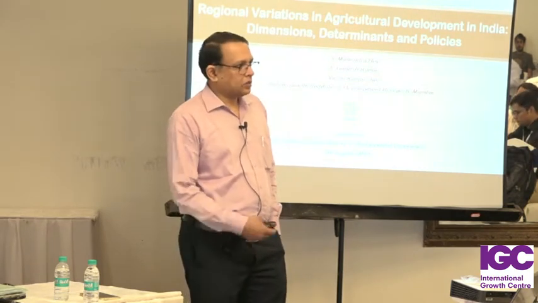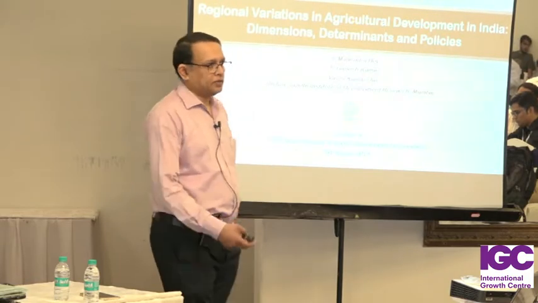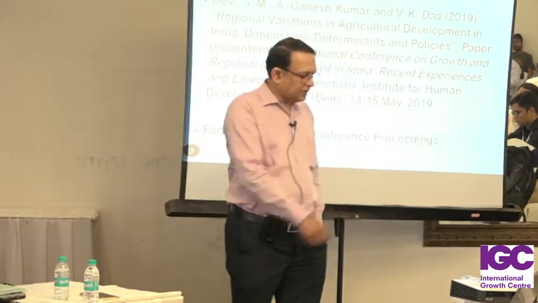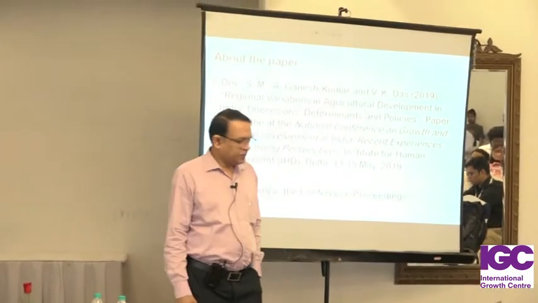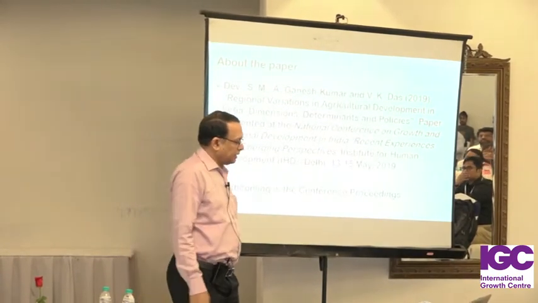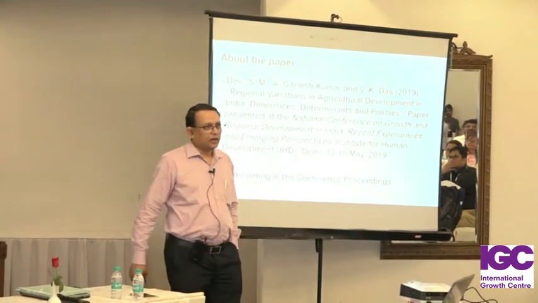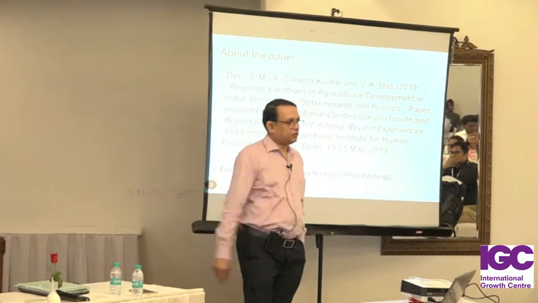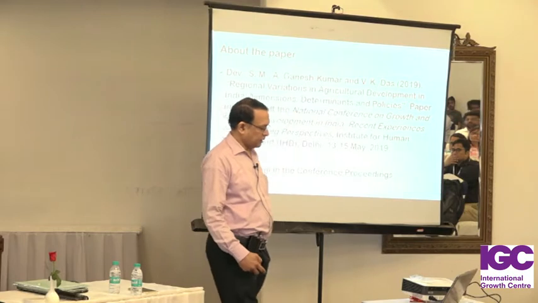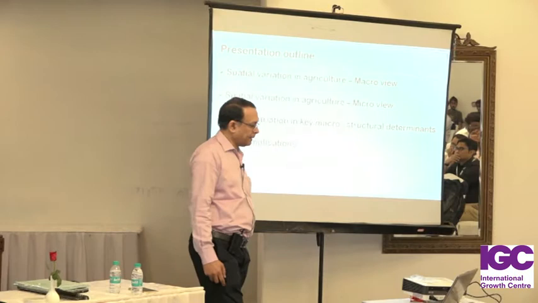It's co-authored with my institute director Mahendra Dev and my student Varun Das. This paper was actually prepared for a conference that was recently held at the Institute for Human Development in New Delhi, and it will be coming soon in the conference proceedings that they plan to bring out probably in the next few months.